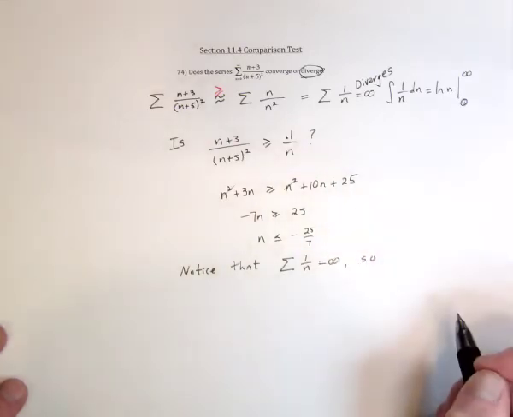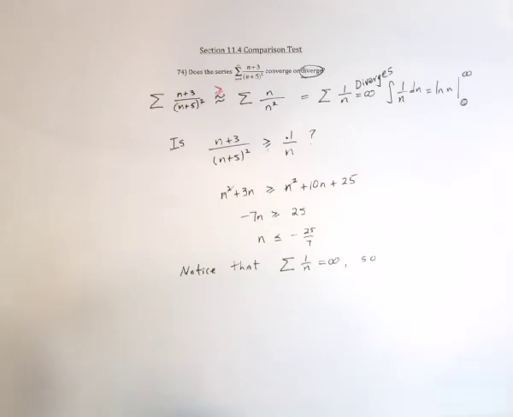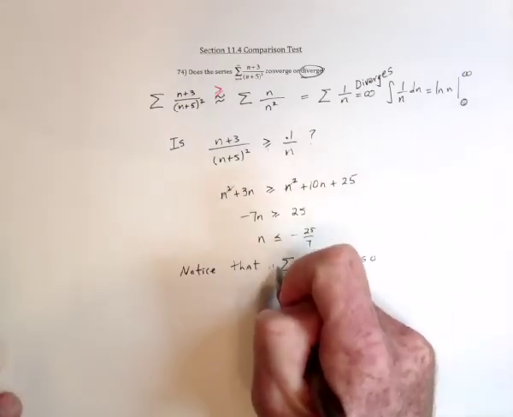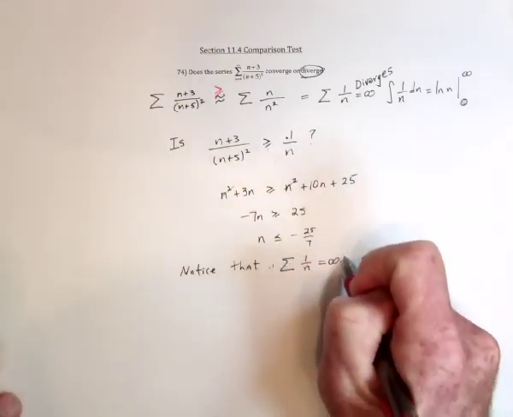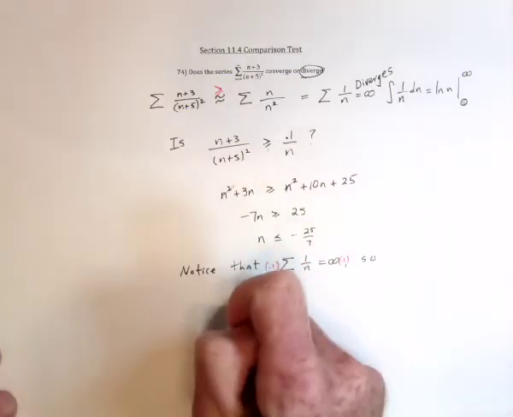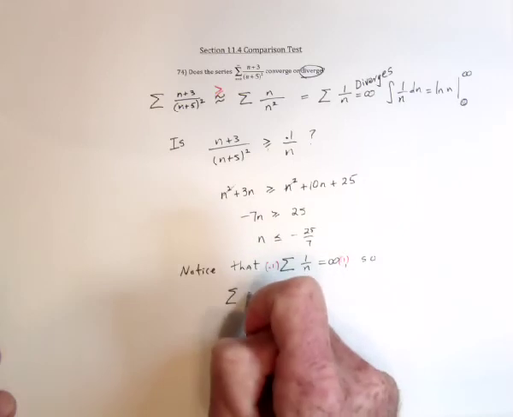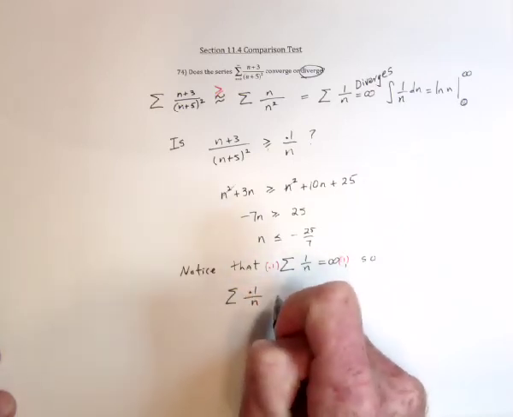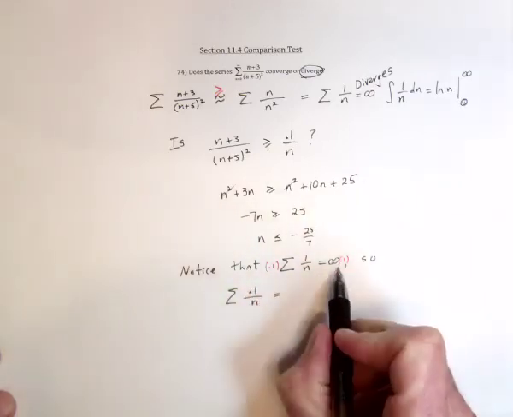So if you multiply this by a 0.1 on both sides, on the left-hand side you would have the sum of 0.1 over n, and 10% of infinity is still infinity.